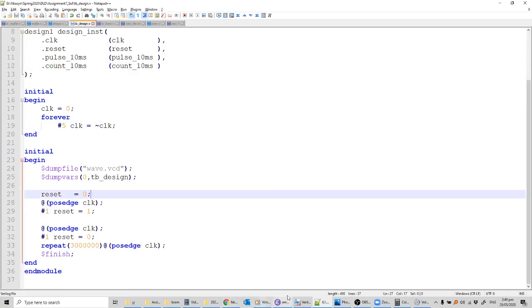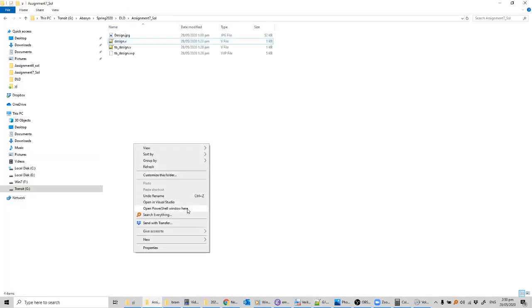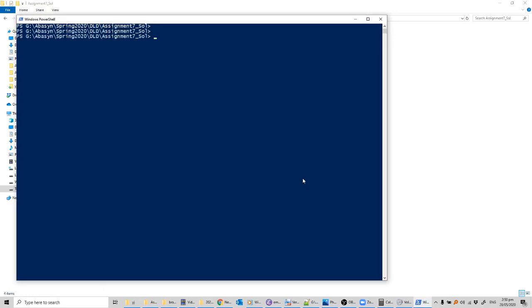To test it, I can open the solution. I will press shift and open a PowerShell window here, and to compile it I can just use iverilog -o output.